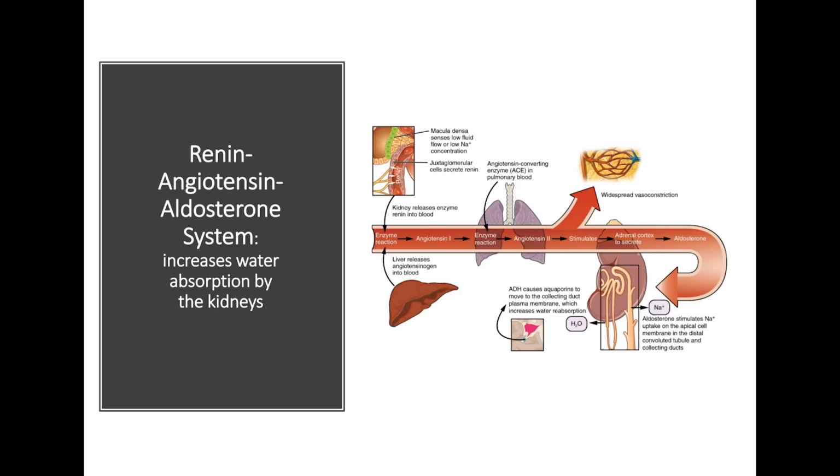This stimulates aldosterone and antidiuretic hormone. Now, how does aldosterone, which is produced by the adrenal gland, specifically the adrenal cortex, help increase water volume? We know that if you look at the nephron, sodium is a key player, and aldosterone causes the body to reabsorb sodium.